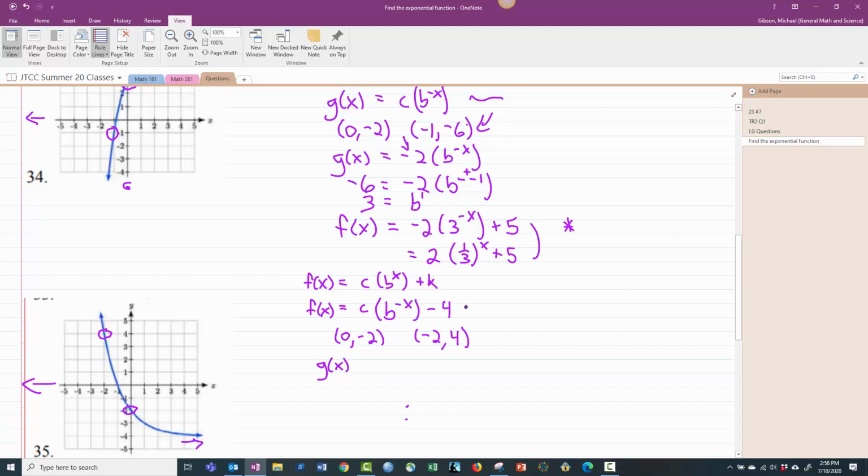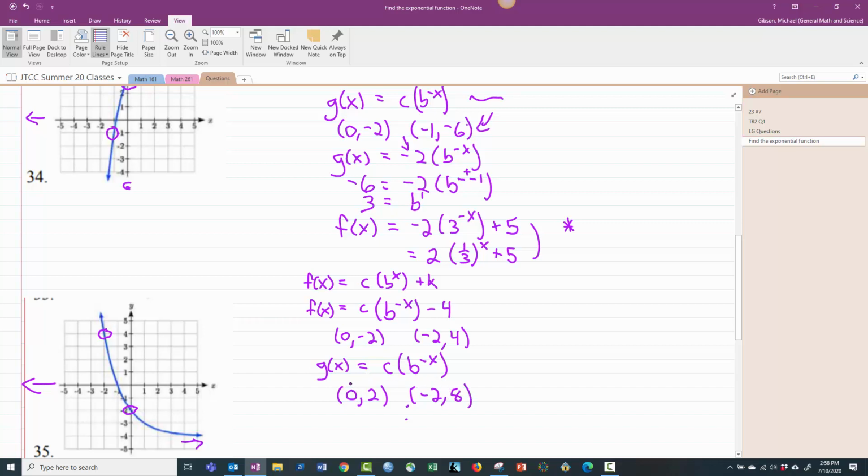I'm going to throw away that vertical shift just because it makes it much easier to find the c. When I get rid of the vertical shift, I have to change my points to match. So I'm going to subtract off -4, which means I'm going to add 4. So the y goes up by 4. So -2 plus 4 is 2. And then the y over here was 4. If I add 4 to it, it's 8.